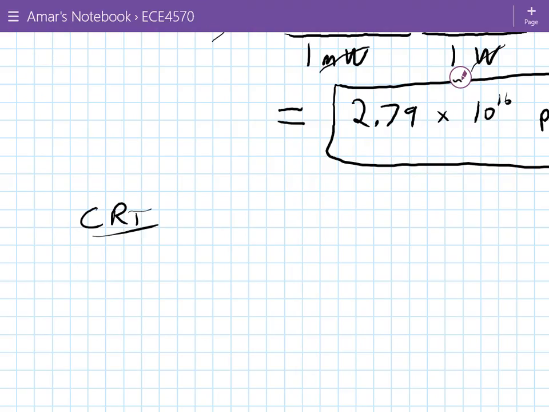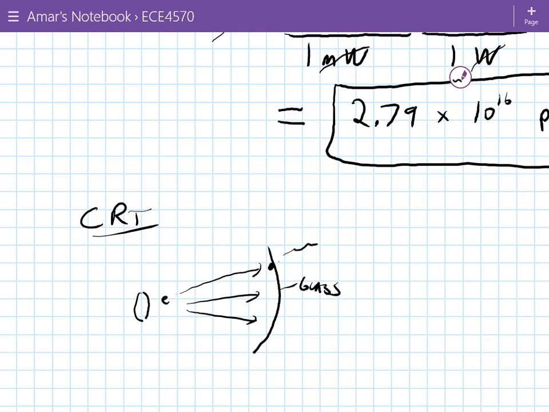They had an electron gun. This was the front of your TV, so this was the glass. There's an electron gun at the back of the TV, and the electrons were basically accelerated towards the glass of your TV. And when the electrons hit, the glass was coated with a phosphor, and that phosphor gives off a brief pulse of light.